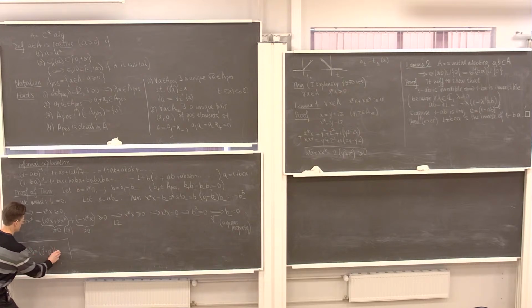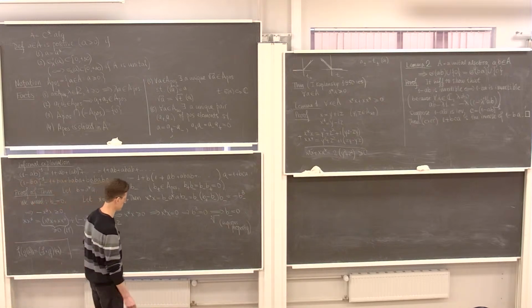If A is a normal element of a C-star algebra, g is a continuous function on the spectrum of A, and f is a continuous function on the spectrum of g of A, then we can apply first g to A, then f to g of A, but we get the same result if we first compose f and g and then apply their superposition to A. So this is the superposition property for the functional calculus.